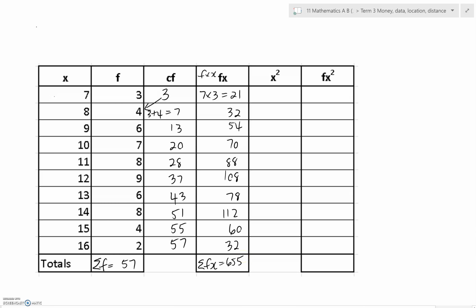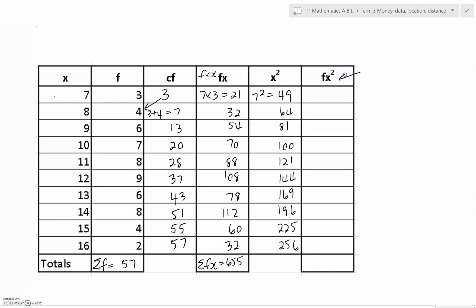Now x squared, so it's the x term all squared, so it's literally 7 squared, the first one, etc. So keep going that way. The scores are in a pattern here, so it's likely this is going to be as well. Now we don't need the sum of this column, but it really wouldn't matter if you found that as well.